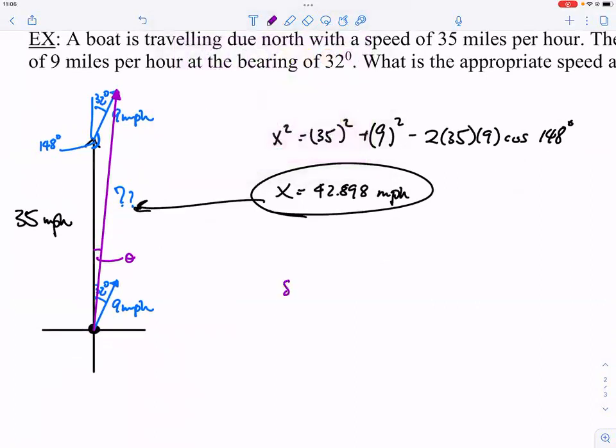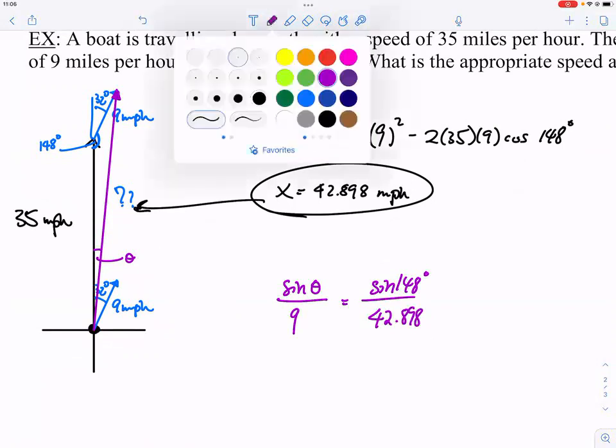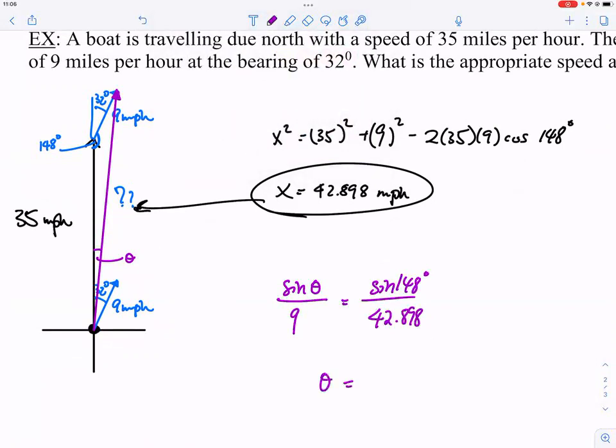And to find out the bearing, we can just do law of sines. So sine theta is to 9, and then sine of 148 degrees is to 42.898 miles per hour. Well, the units get canceled out anyways.